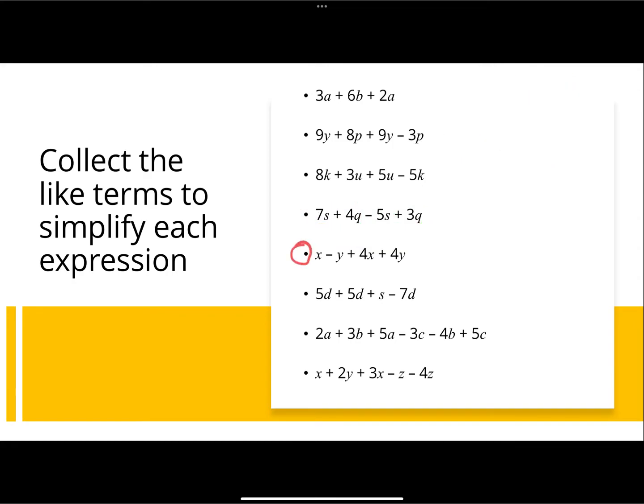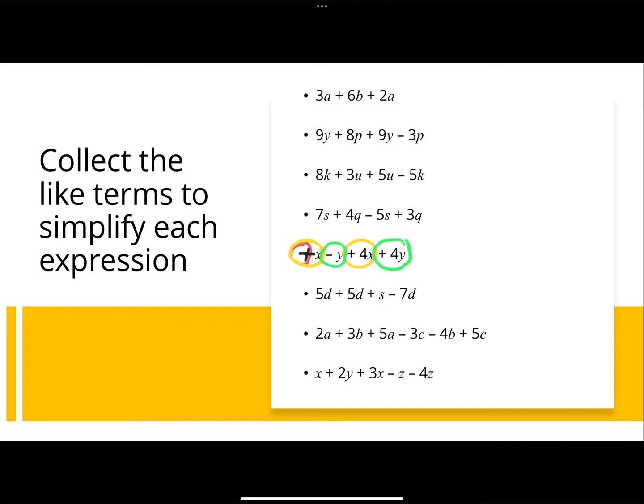Our next question. Again, we're going to circle our like terms in the same colour. So I'm going to choose yellow for my x's this time. There's an x. There's an x. I'm just going to put a little plus in front of this x here to remind me. I'm going to use green for my y's. And then I'm going to rewrite my equation so that my x's are together and my y's are together.